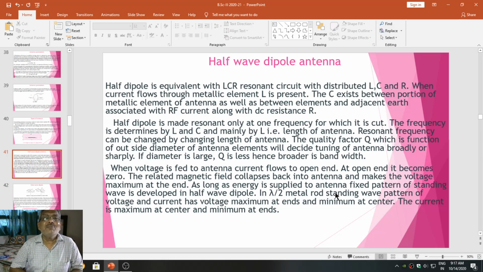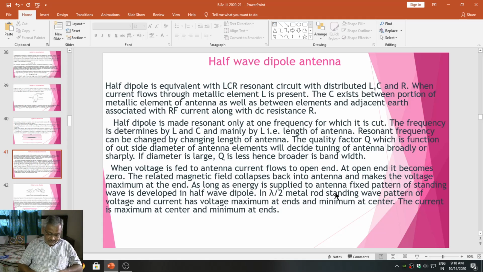Dear friends, as far as half wave dipole is considered, we can say that it is equivalent to an LCR resonant circuit, as we have just described, with distributed inductance, capacitor and resistor, which are represented in the respective diagram.